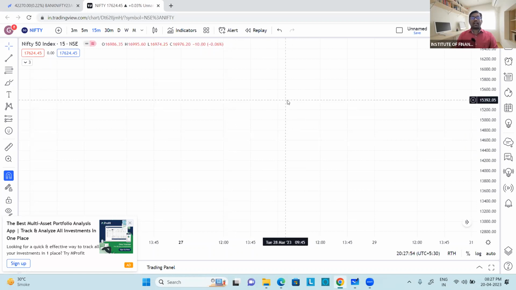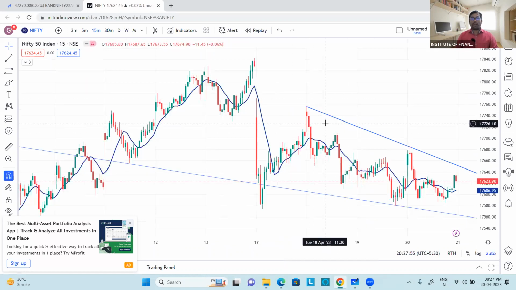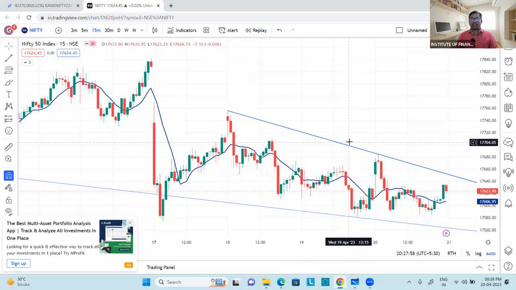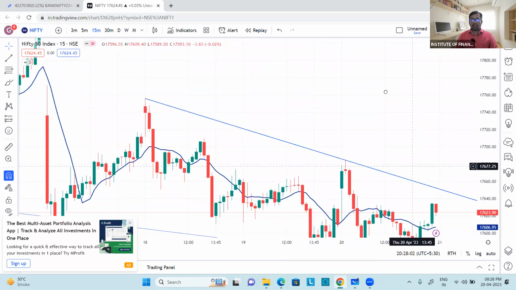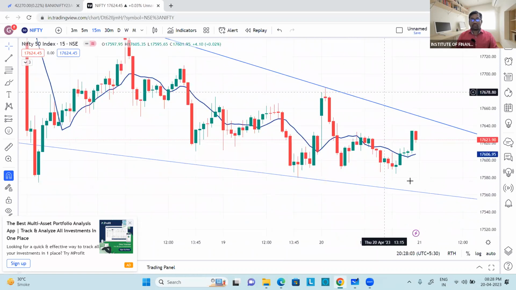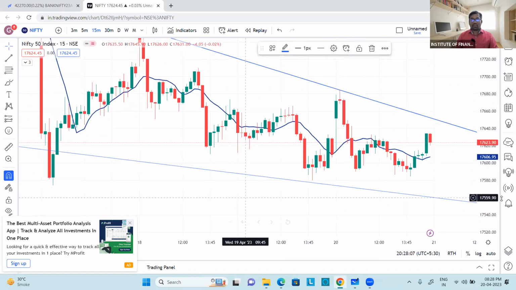Kenny, if the third candle is bigger than the first one, that is powerful.